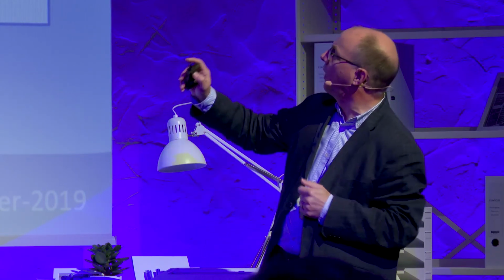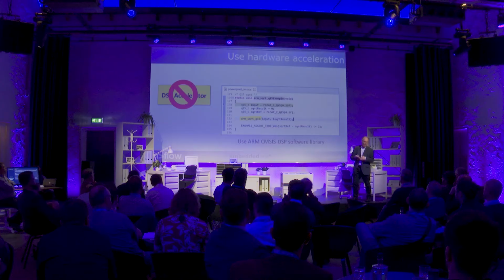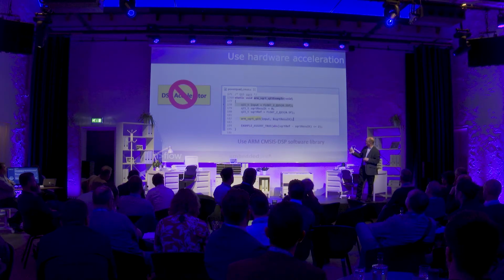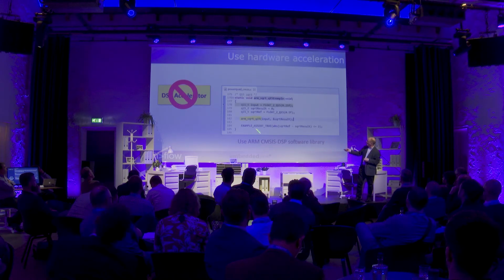Without the accelerator, you have to do it all in software, and of course software requires energy from the battery. So this is a square root example from ARM's Synopsys DSP library. So your software engineers are probably using this if they need to do any DSP functionality. So we've got our example, and we call the ARM Synopsys DSP function.